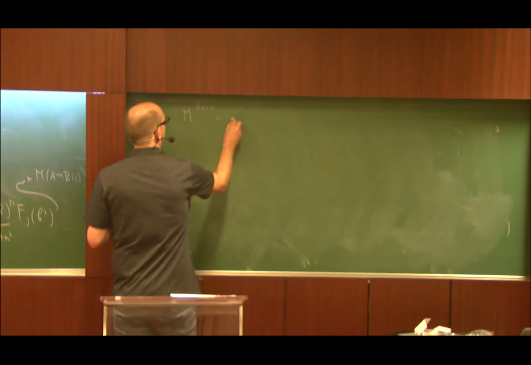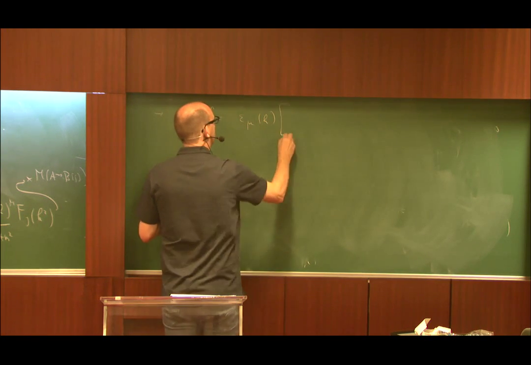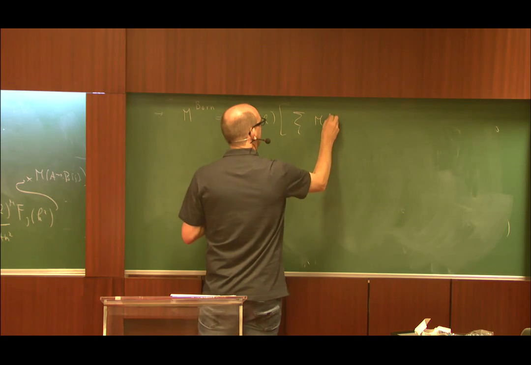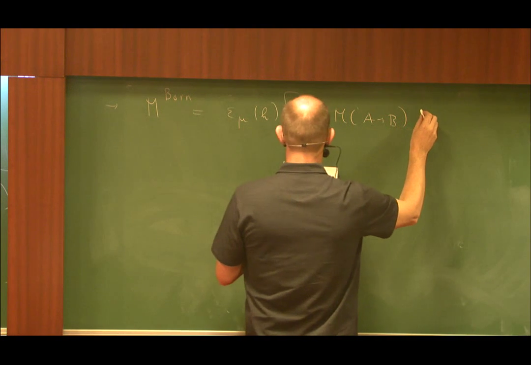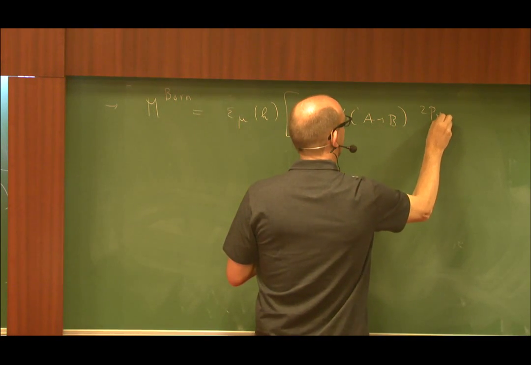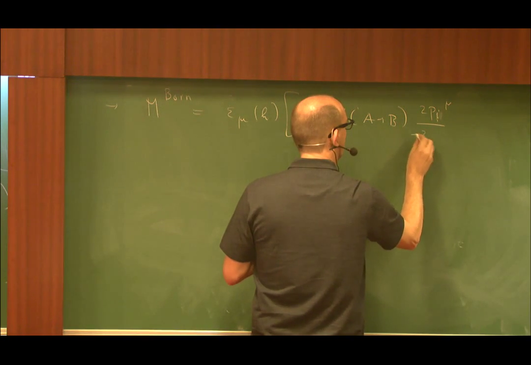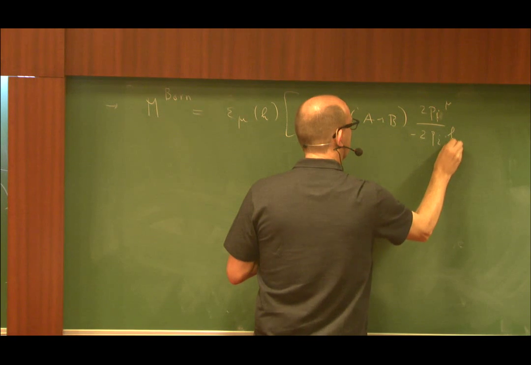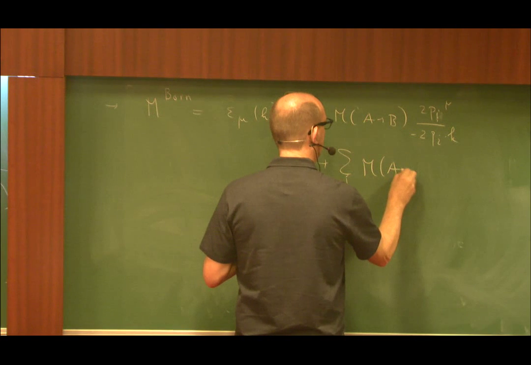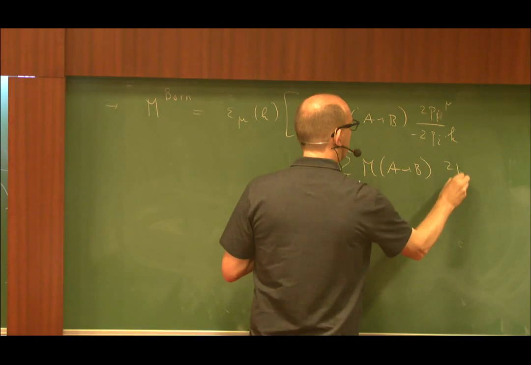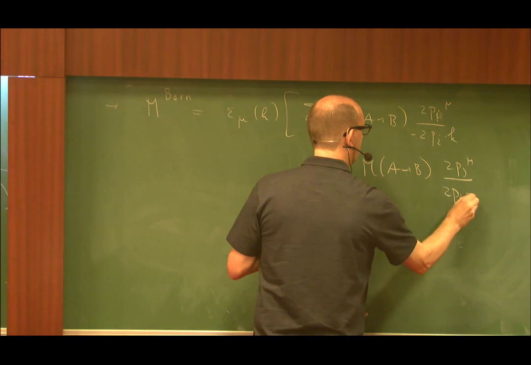It can be written as epsilon mu of k times the sum over i, M a goes to b, 2 p_i mu over minus 2 p_i dot k, plus the sum over j, M a goes to b, 2 p_j mu over 2 p_j dot k.